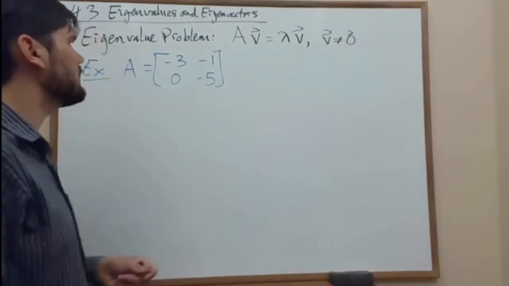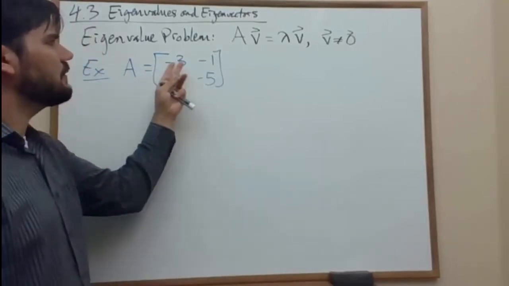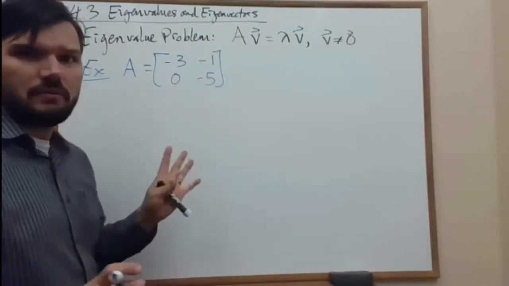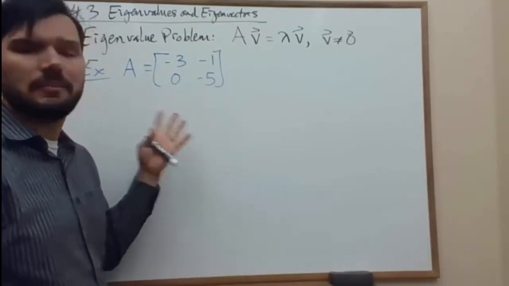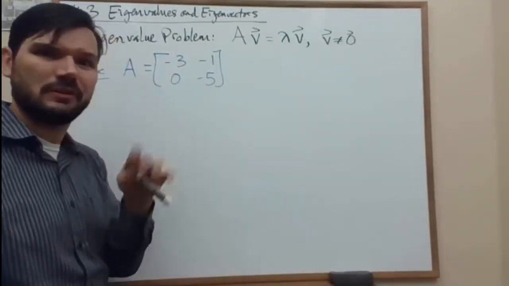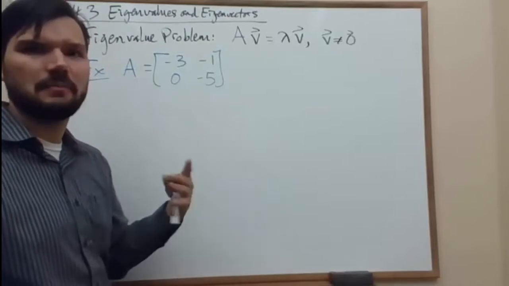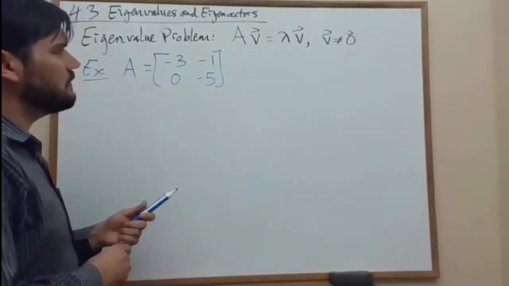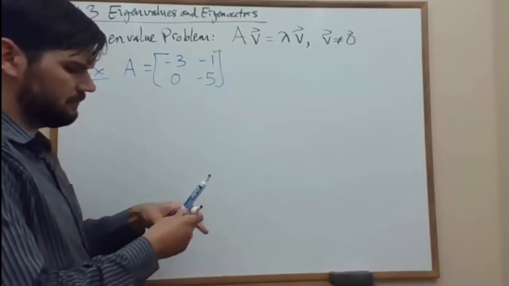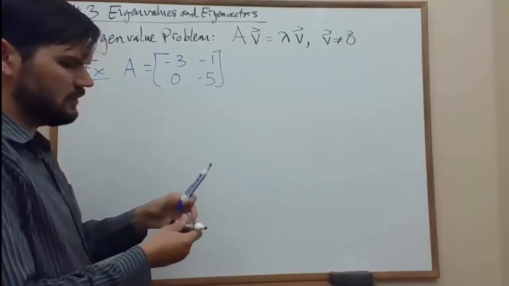Okay, so for our example, we have -3, -1, 0, -5. Now, one thing we will notice about this, it has a particular pattern to it. It is an upper triangular matrix, and that is actually quite important. We'll see some of these patterns pop up a little bit. But first, we want to test it against some vector. So let's just try a few.